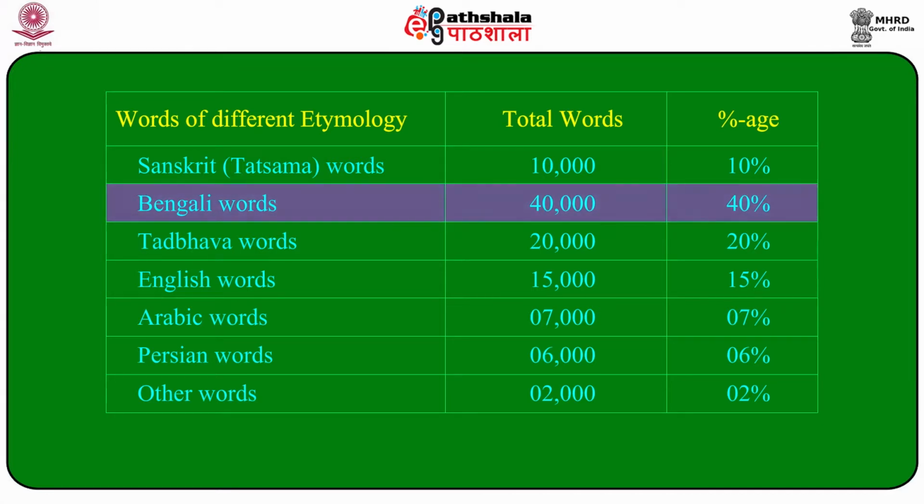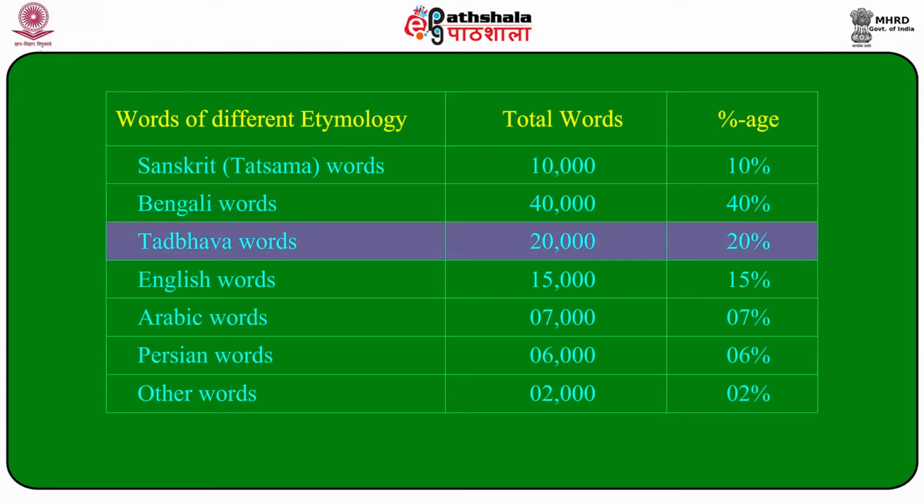The figures are rounded off. Then Tadbhava words were 20,000. English words were around 15,000, Arabic words about 7,000, Persian about 6,000, and other words around 2,000. So you find a well-distributed set of words of different origin.